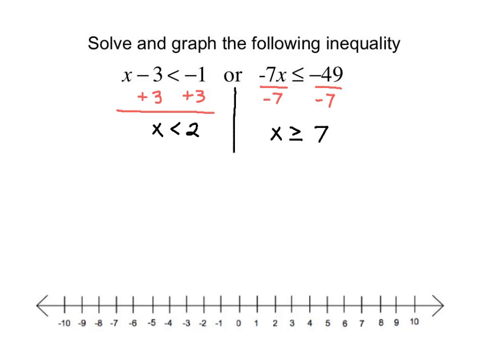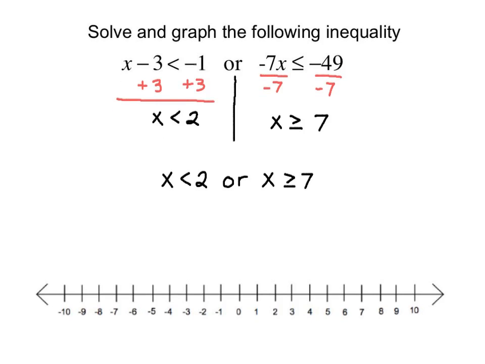So when we write our actual solution out, then we recognize that both of these are true. Or in other words, I'm looking to keep all the values as x is less than 2, or I'm also looking to keep all the solutions where x is greater than or equal to 7. So I'm just going to graph both these inequalities separately now, and we're going to keep all the solutions for both of those. So for the first one, I'm going to go to the 2.